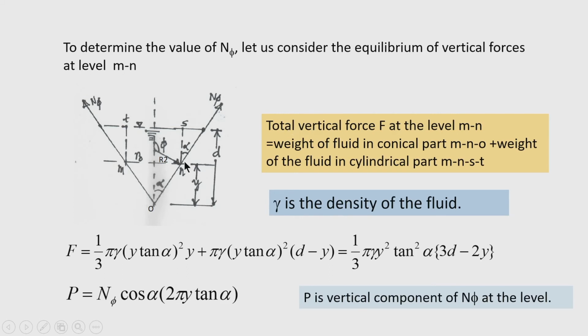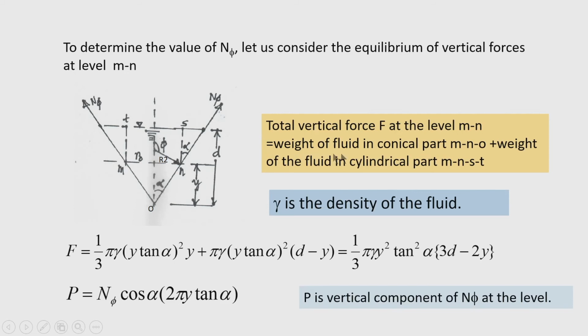So, total vertical force F at this level m n. What is the total vertical force acting on this level? It is the load of the water in the cone and the load of the water on the cylindrical part here.